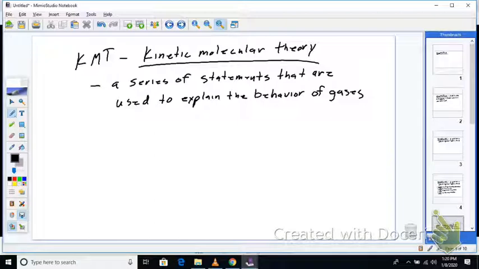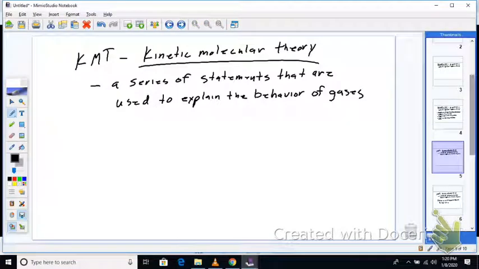Well, each of you has an ideal day, and if you were given the possibility of tomorrow being the ideal day, you would choose certain things to do or not do. Well, gases have to follow this behavior to be considered an ideal gas. So all gases need to follow these statements.